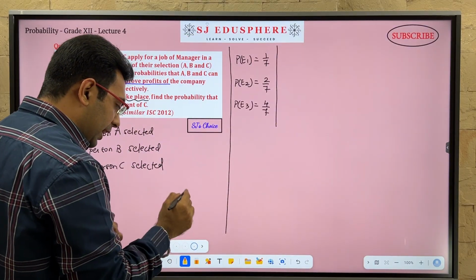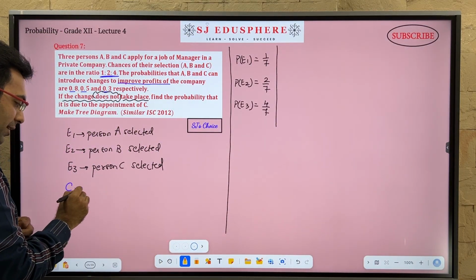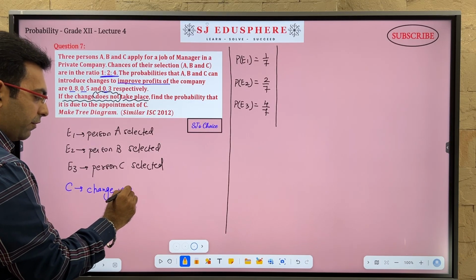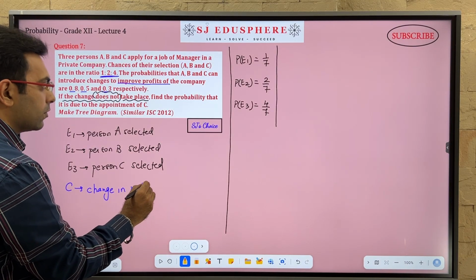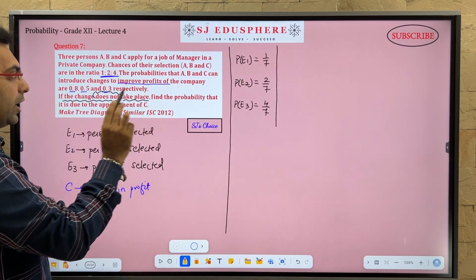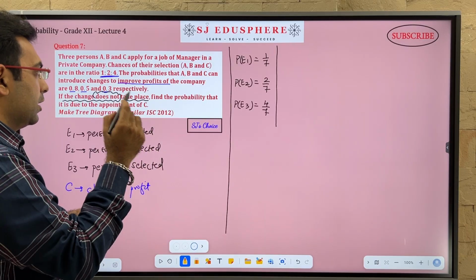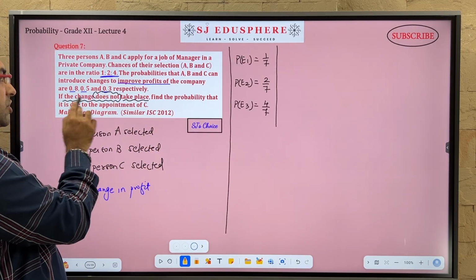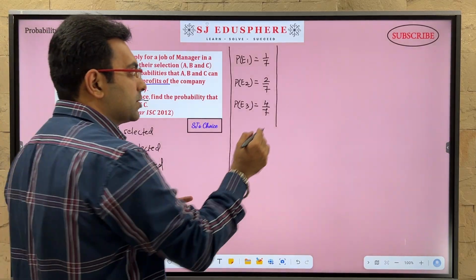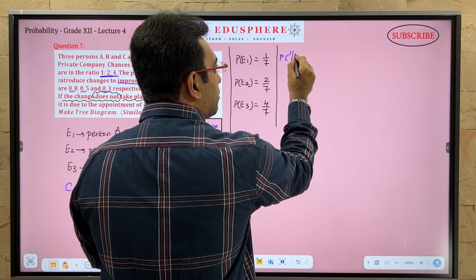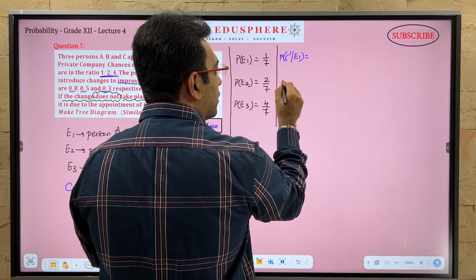Now, if I say C is change in profit, there is a change in the profit for the company, or an improvement in the profit, which is 0.8, 0.5, and 0.3. My question says change does not take place. So change does not take place because of E1.